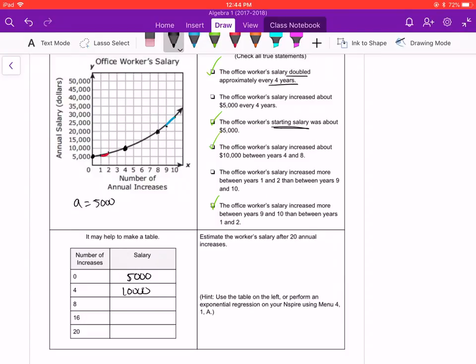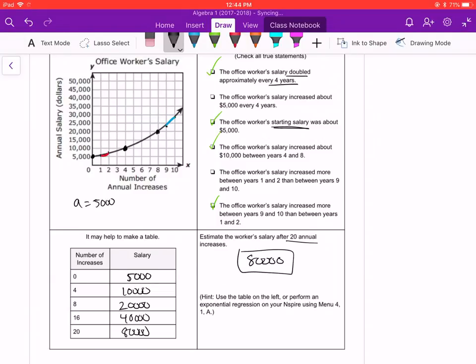At 8 it was 20,000. And you can assume it's going to keep doubling. So 20,000 doubled would be 40,000. Double that again, 80,000. So the estimate of the worker's salary after 20 annual increases would be about 80,000.